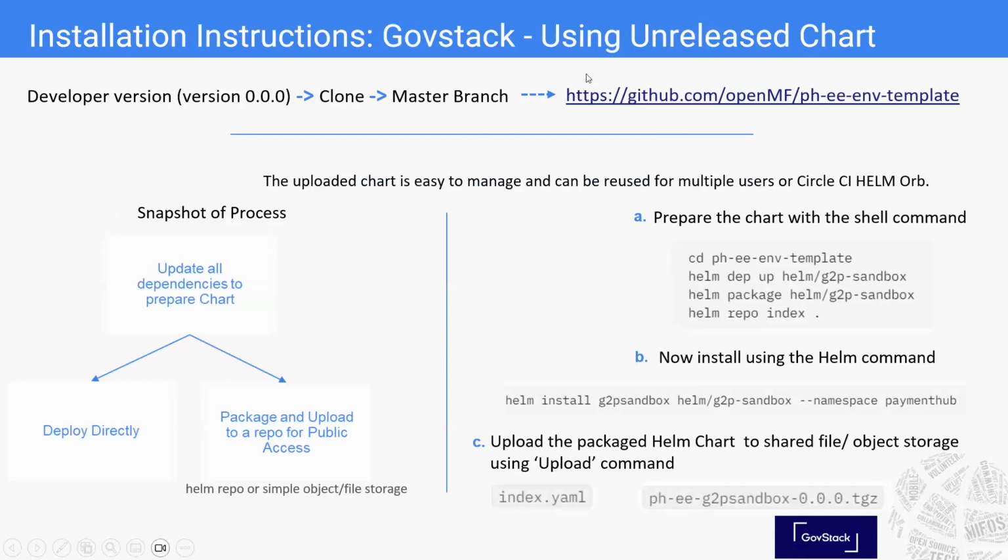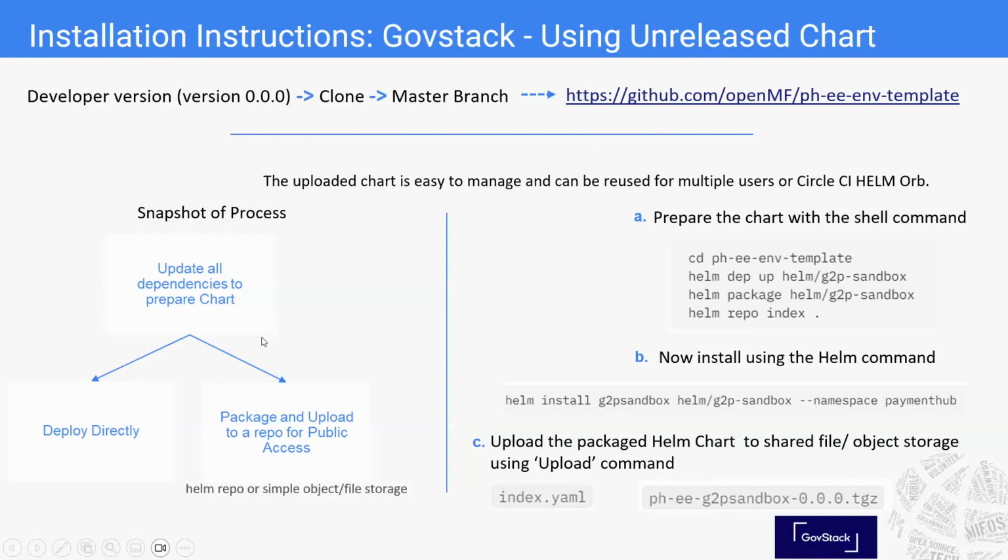So if you want to deploy using unreleased charts, this is just an overview of how to do that. Again, we are referring to this file. If we have an unreleased version, one thing to note is that it would have 0.0.0 as its version number. You clone this on your system, then in the master branch, run this command.